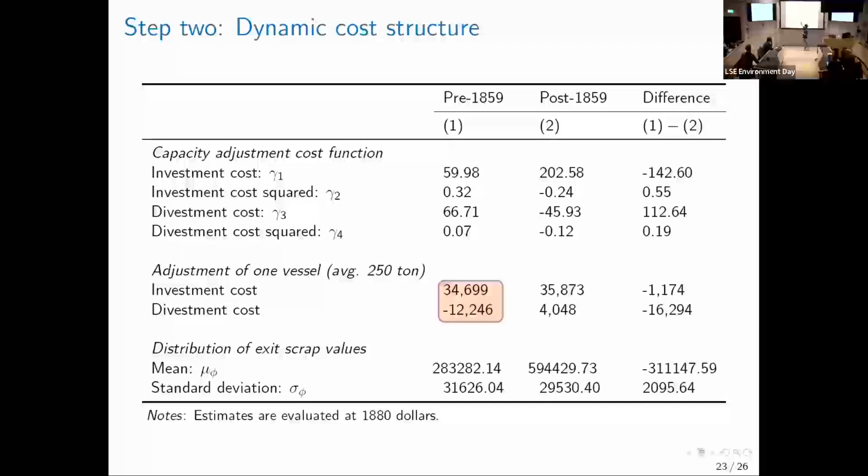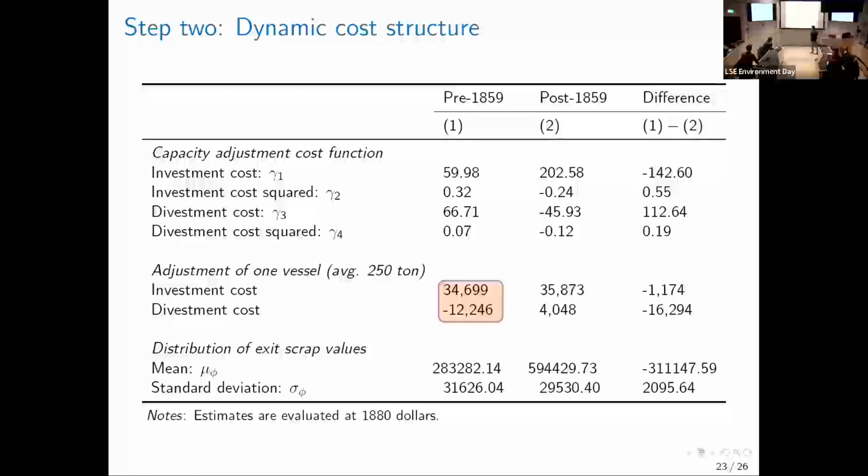The average vessel size is 250, so I apply this case. Column 1 is for the pre-petroleum period, and column 2 is the post-petroleum period. I estimate them separately because there is an entirely different profit structure, and the cost structure is also potentially different.